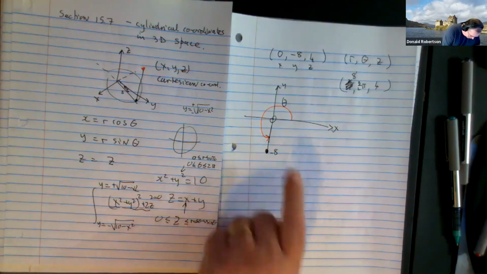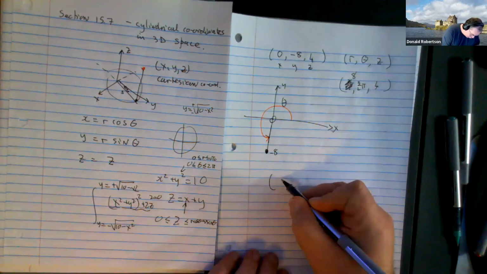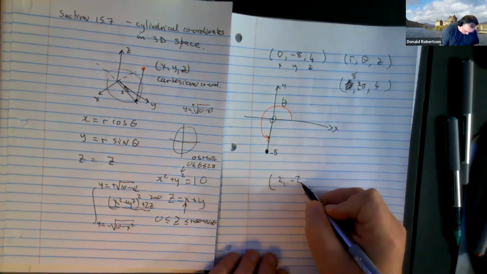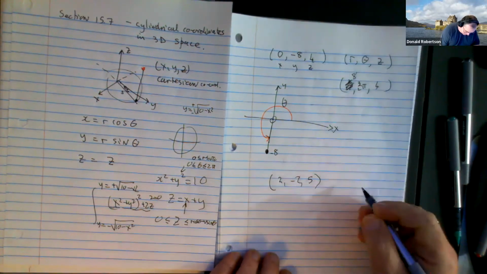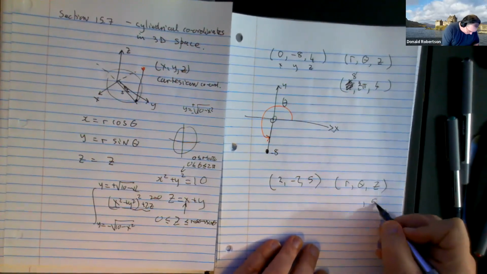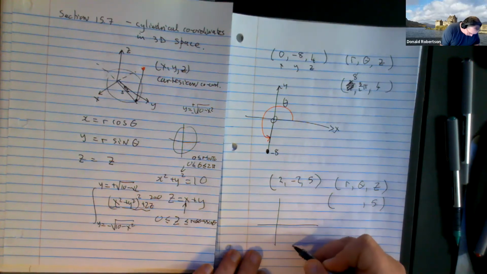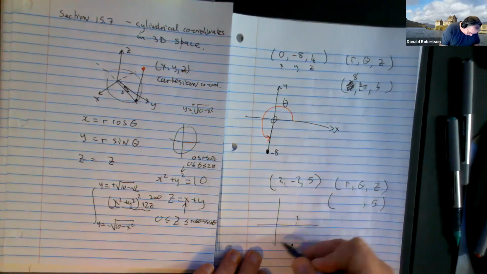Let's try another one. Suppose I gave you 2, -2, 5. And we want to turn it into cylindrical coordinates. The z is still 5. If I plot the point 2, -2, it ends up here.